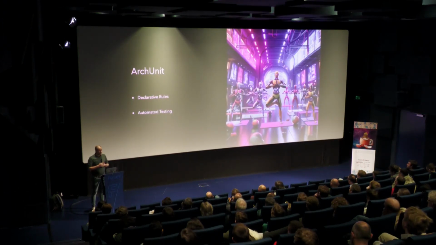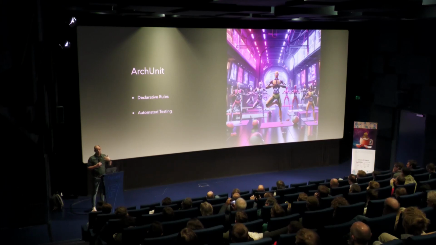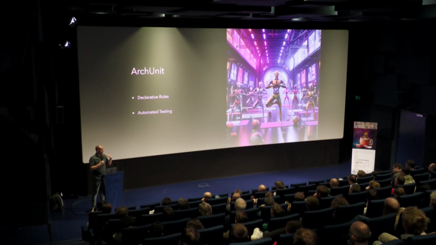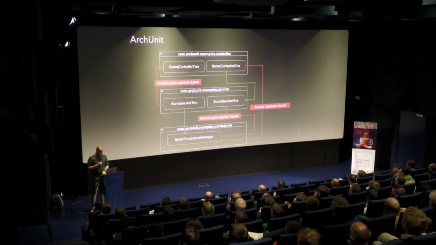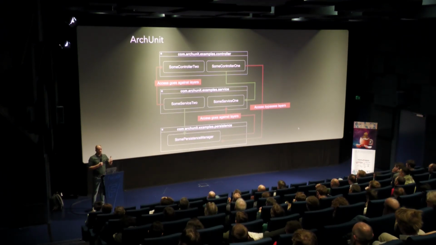Well, let's have a small look at ArchUnit. ArchUnit is a utility that actually makes sure your architecture in your project adheres to the one you've designed. Let's have a little look at this one. This is a very basic three-tier layered architecture.